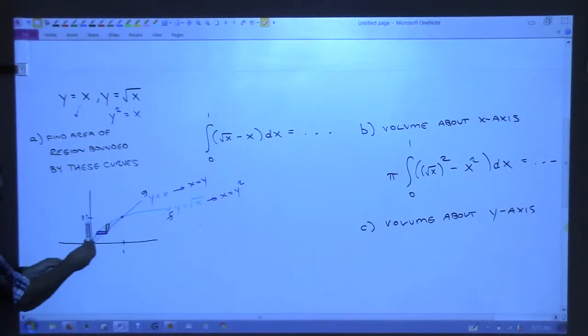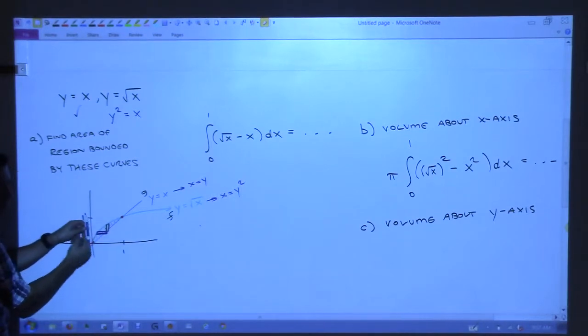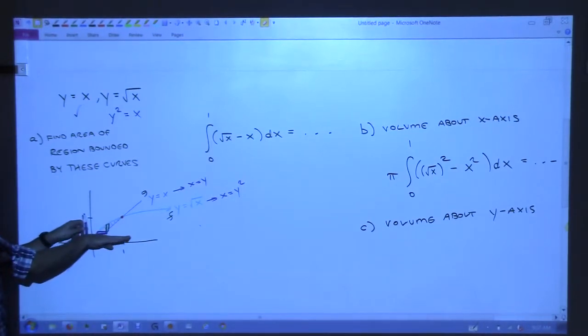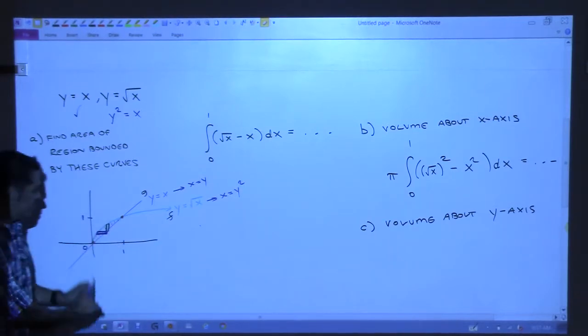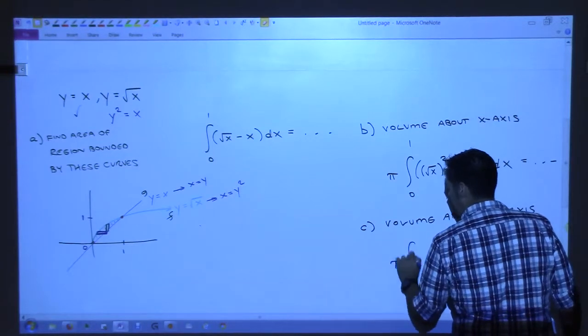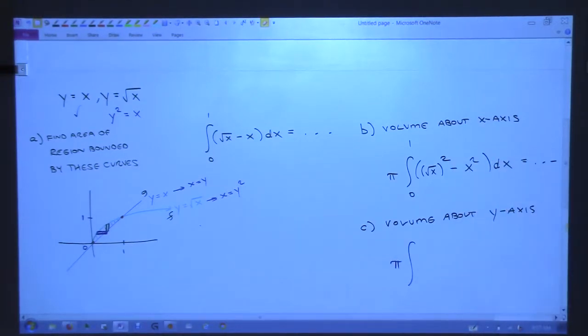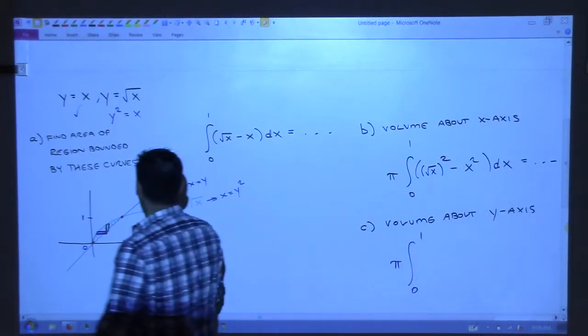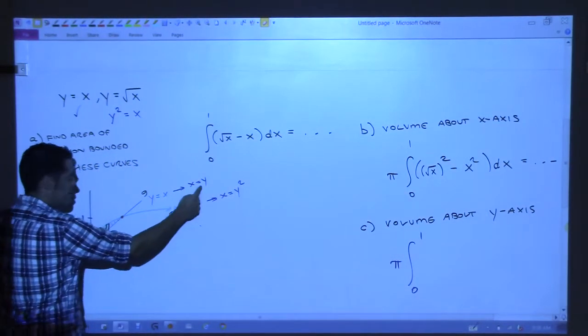Hey, the axis of rotation is orthogonal to the rectangle, right? Just pay attention to that right now. Pi, integral, where to where? 0 to 1, okay. Now, which function? Y. Y. This one right here is the one on the right.